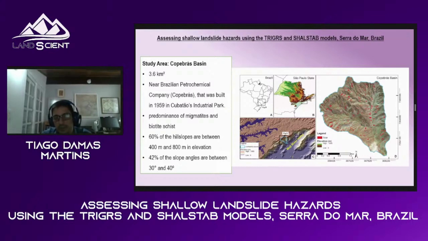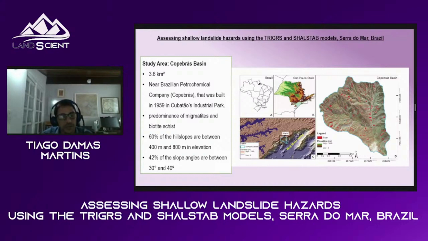So Cubatão is a city in the Serra do Mar, and behind the Serra do Mar to the west, you have São Paulo city. To the east, on the shore, you have the port of Santos. Some characteristics of the watershed: 60% of the hill slopes are between 400 to 800 meters elevation.